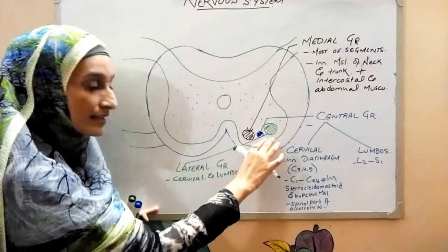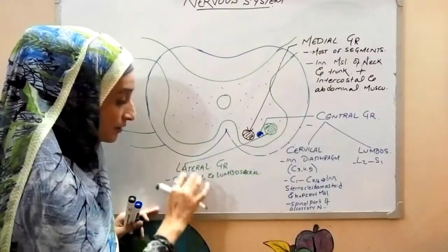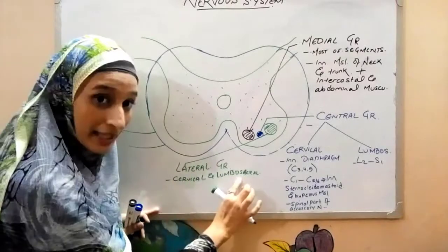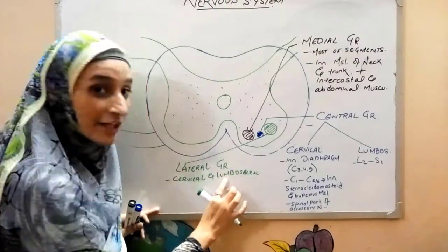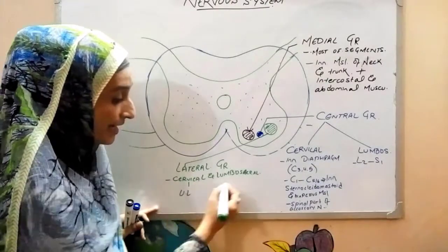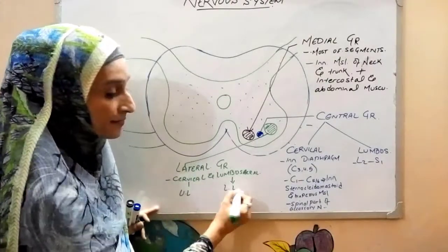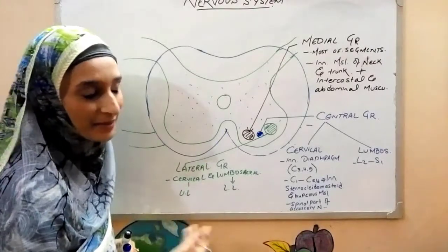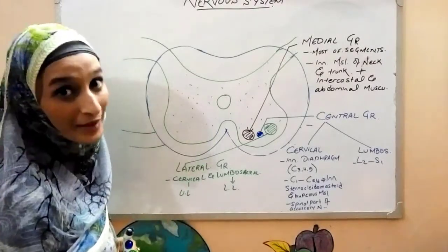The nerve cell bodies forming the lateral group are seen in the cervical and the lumbosacral regions, and they are involved in innervating the upper limb muscles and the lower limb muscles. Simple. And this is the reason why they are present in these segments, and why they are not present in the thoracic region.